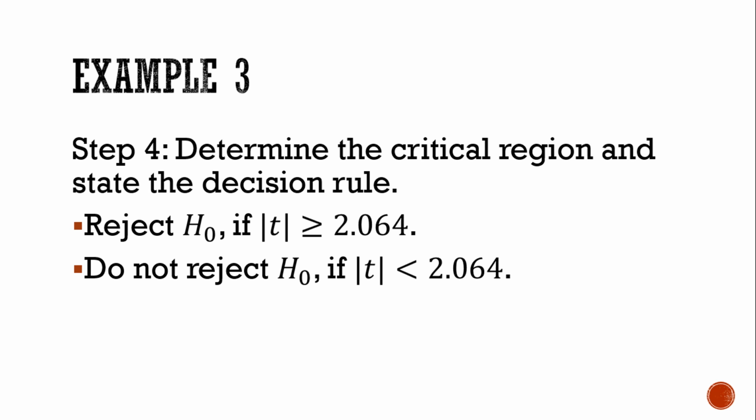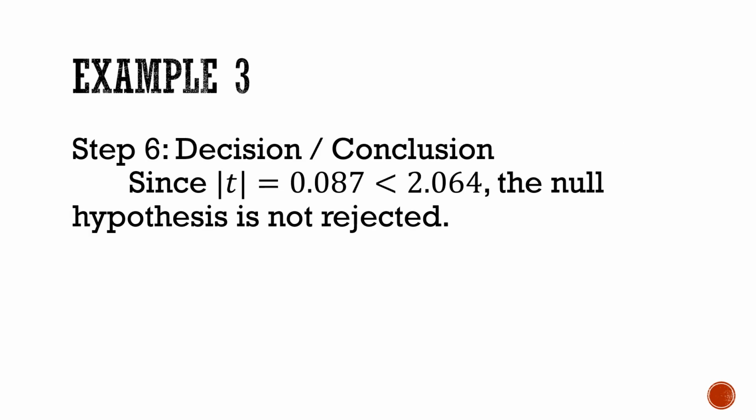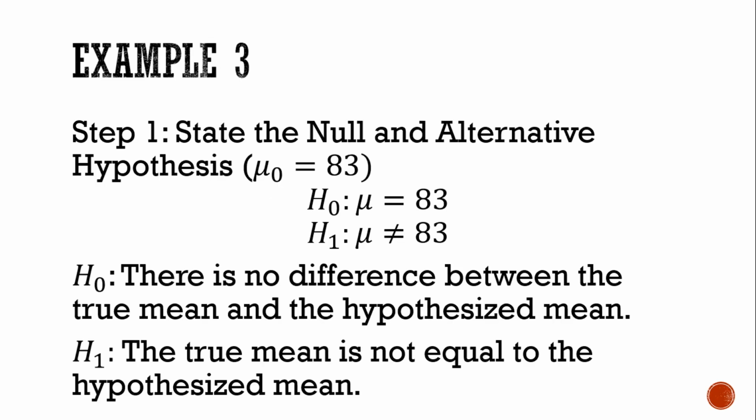And if we're going to recall the decision rule, we are going to reject the null hypothesis if the absolute value of computed t is greater than 2.064. But is it greater than? It is not greater than. That is why the null hypothesis is not rejected.